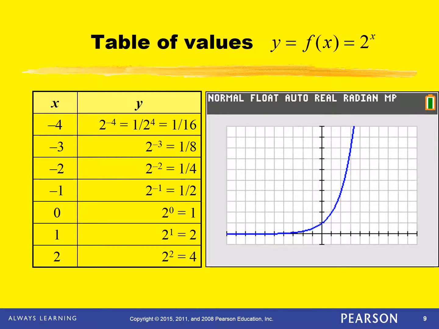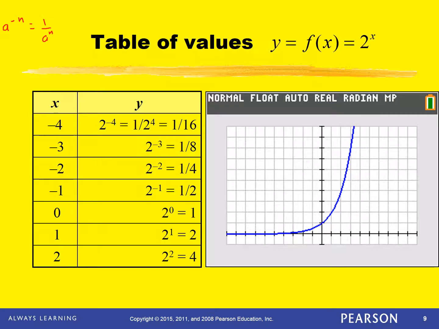So here's our table, and we raise all of those inputs. We make all of them the exponents with base 2, and we get these outputs. Now again, a to the negative n equals 1 over a to the positive n.